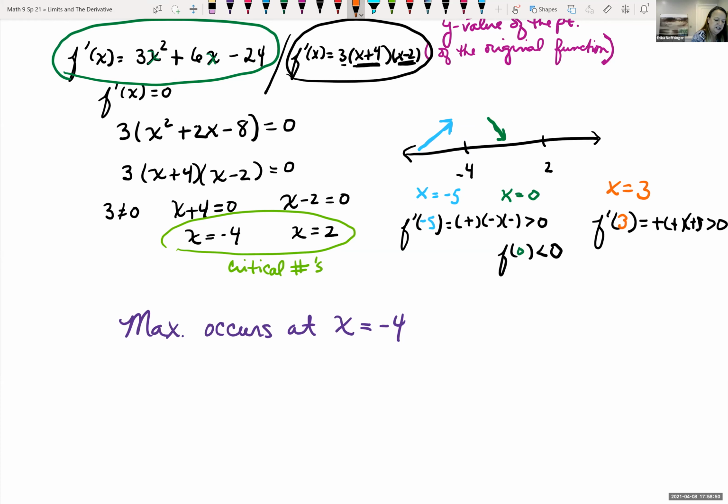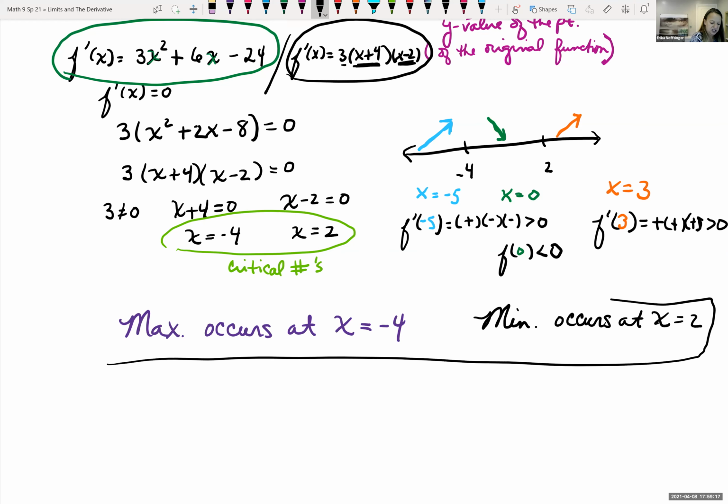That tells me my function is increasing after 2. So I can see here that at x equals 2, a min occurs.